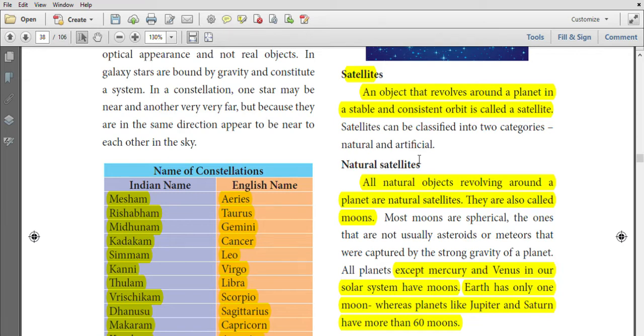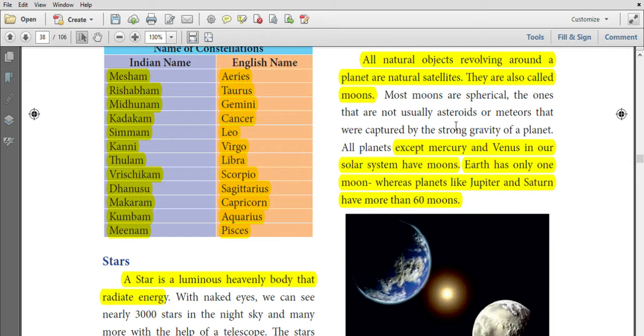The moons are called natural satellites.